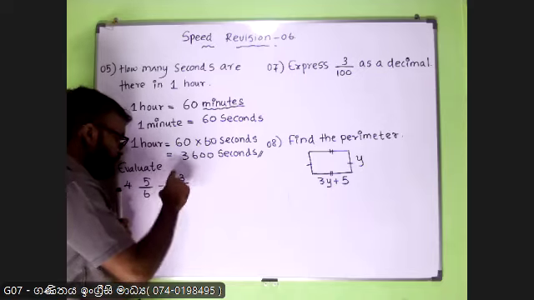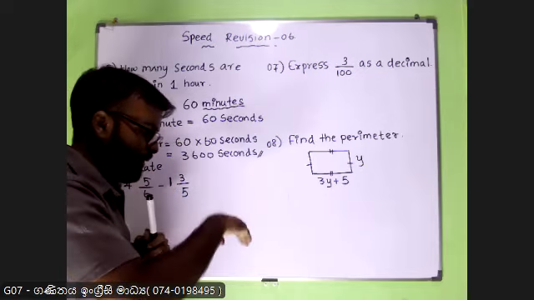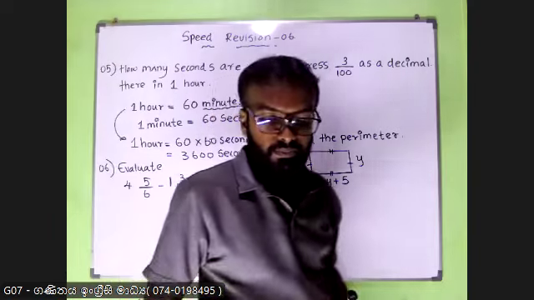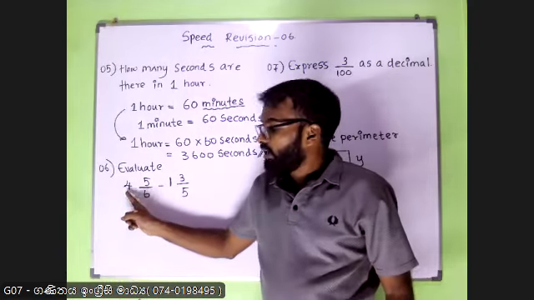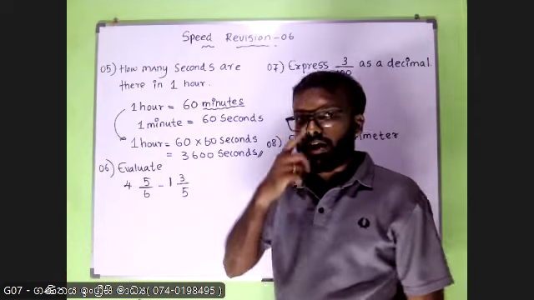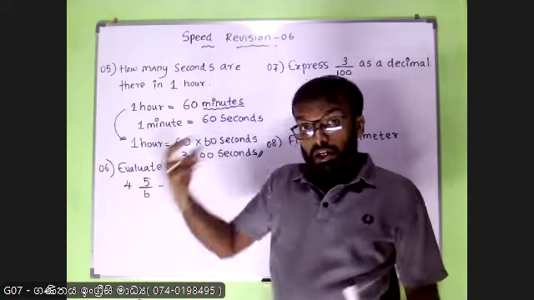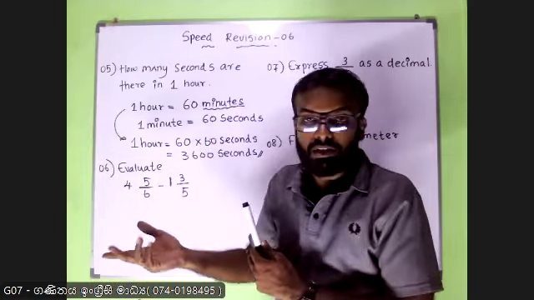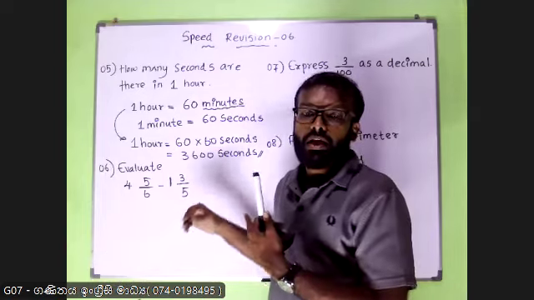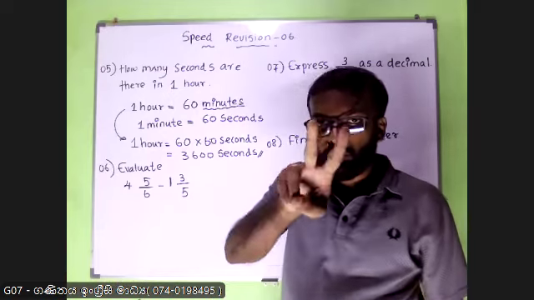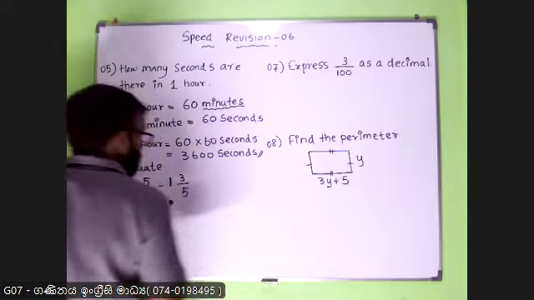You can simplify the whole numbers first and then the fraction. The second way, you can convert each mixed number into an improper fraction, then do the simplification. I will do both ways.